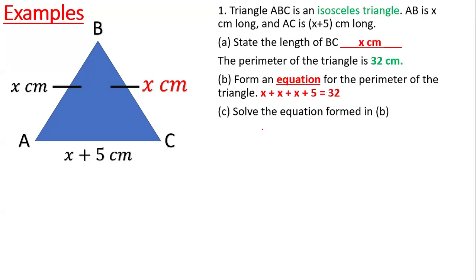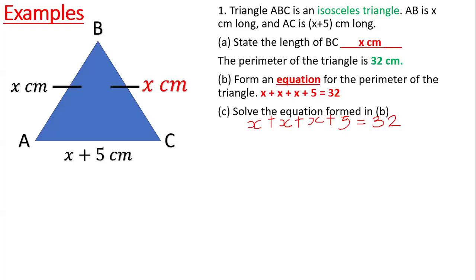I got 9. You got 9. Very good. So we have X plus X plus X plus 5 is equal to 32.